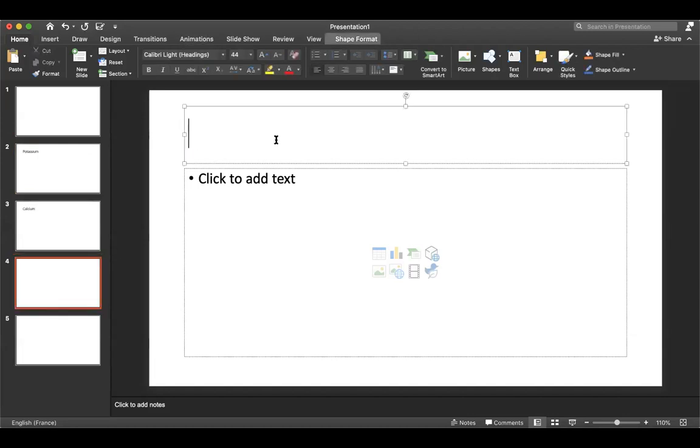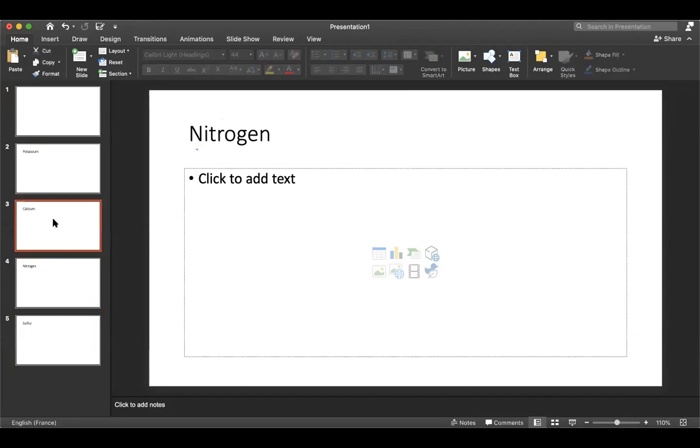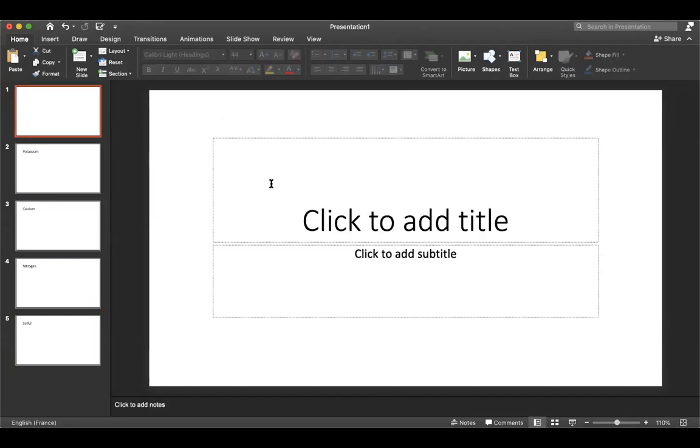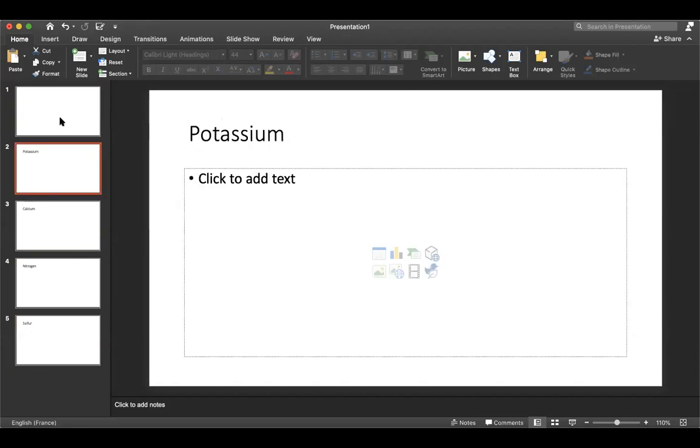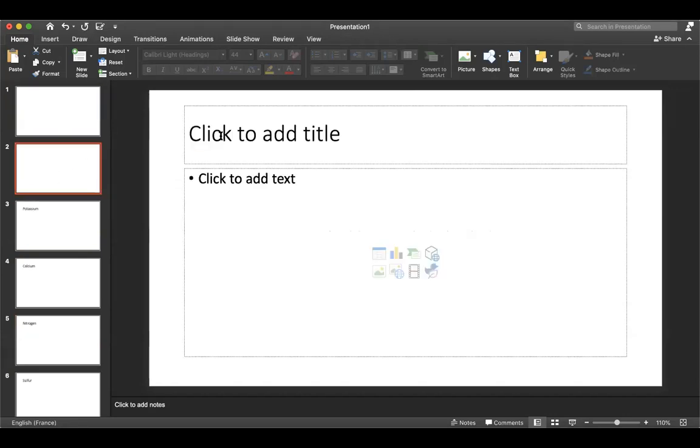Next one. I said top 20. Nitrogen. Sulfur. Okay. Copper. I said top 20. So I also give myself one so that we finish this part.